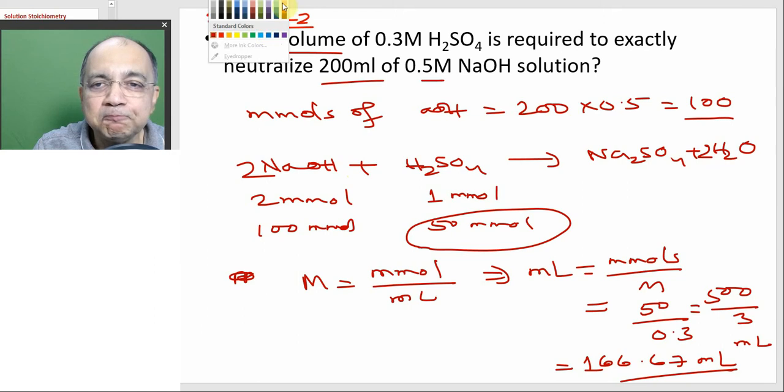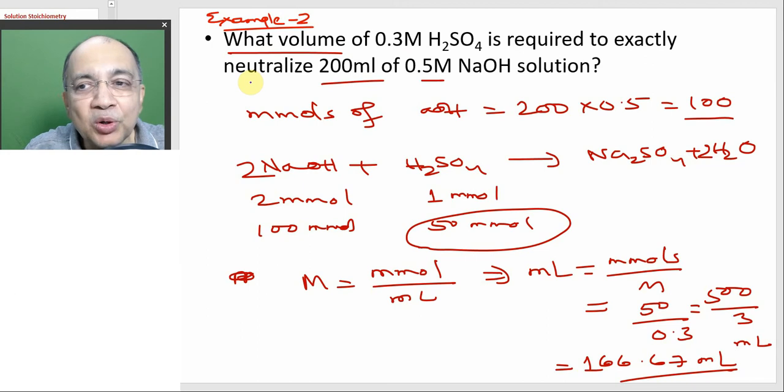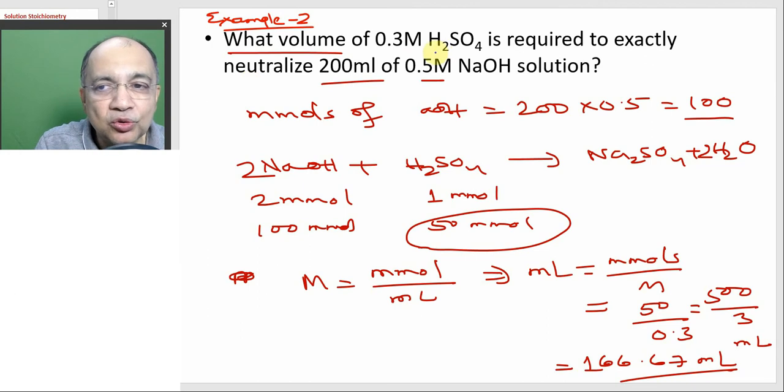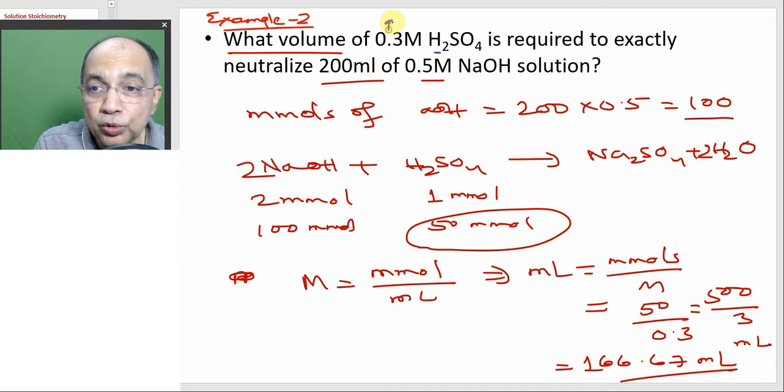See, even if it is given 0.3 M, you convert it to normality. The n factor is 2, so you convert it to normality. Molarity numerically is a lower number, normality is numerically a greater number if the two are not same. So 0.3 into 2, that is equal to 0.6 N.